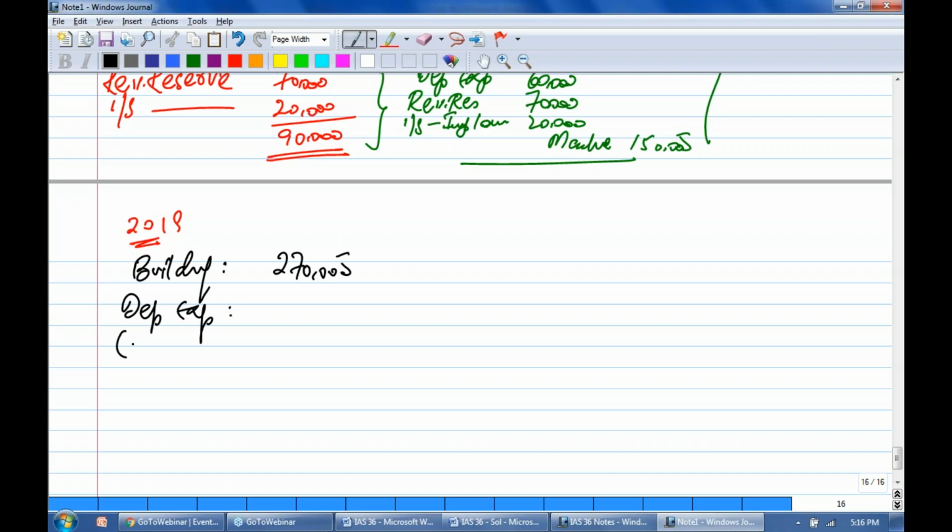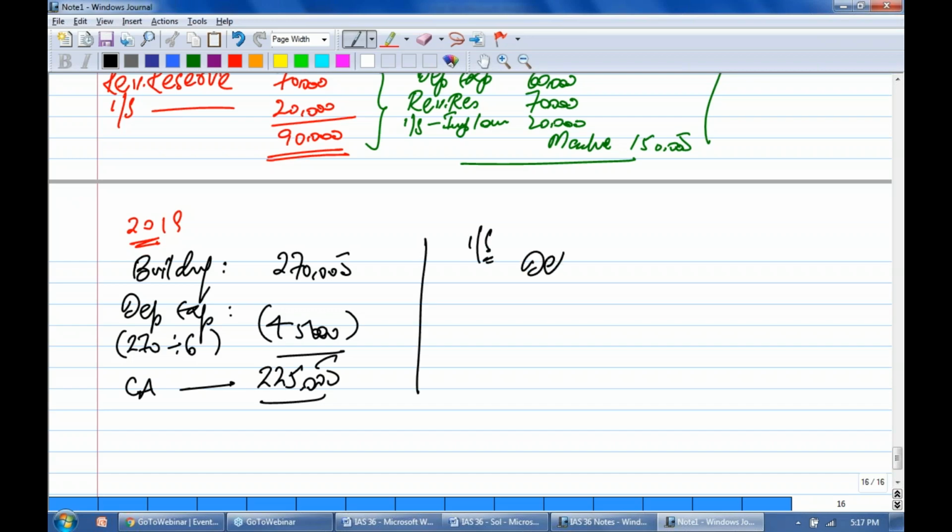Depreciation expense, 270 over 6, that is 45,000. And the carrying amount, 270,000 minus 45,000, that is 225,000.